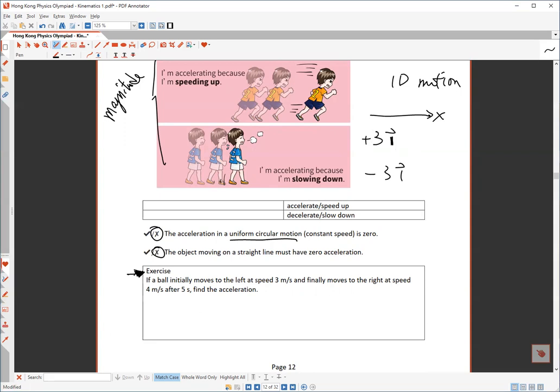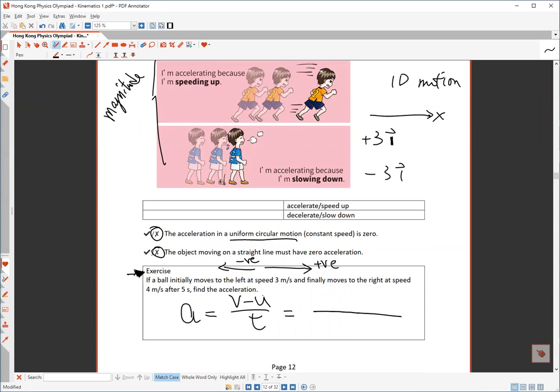So whenever you encounter a question related to vectors, you need to define the direction first. The most natural way is to define positive to the right, and negative to the left. So if we want to find the acceleration, you know the formula, v minus u over t.